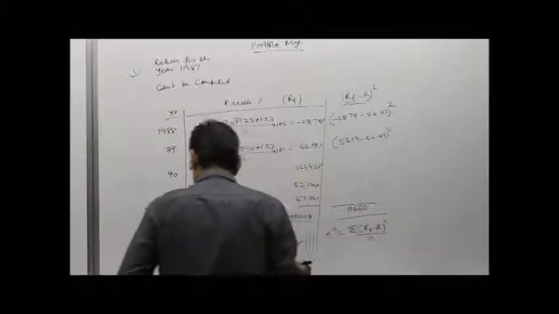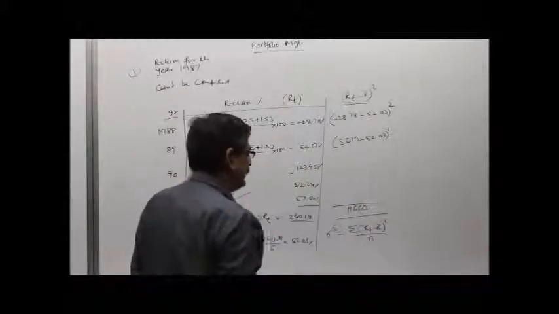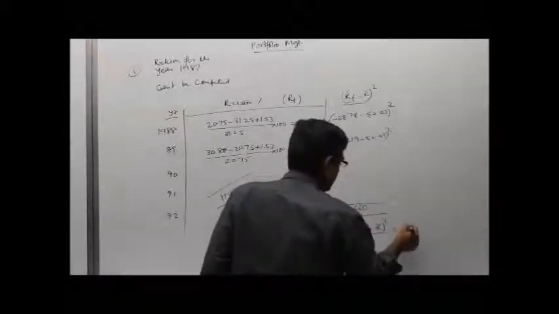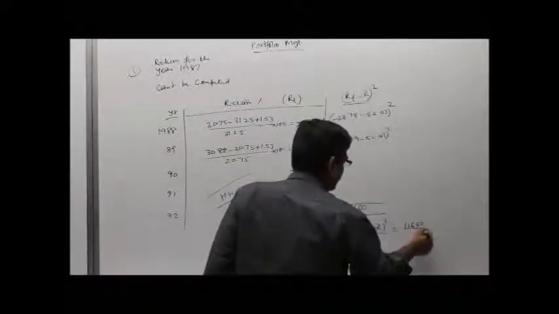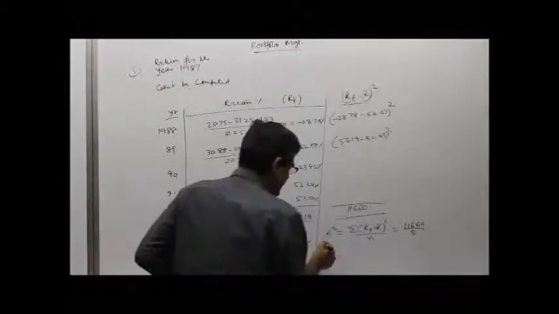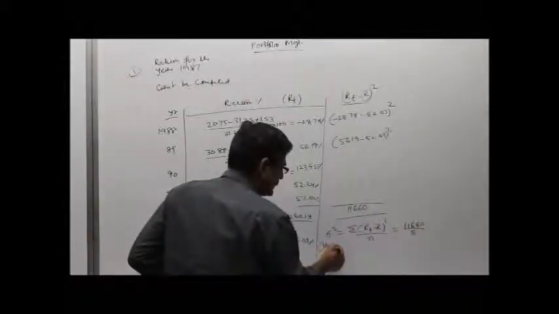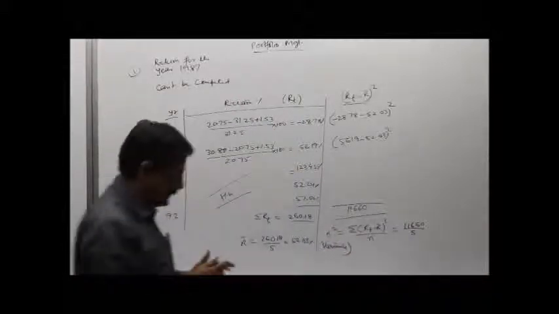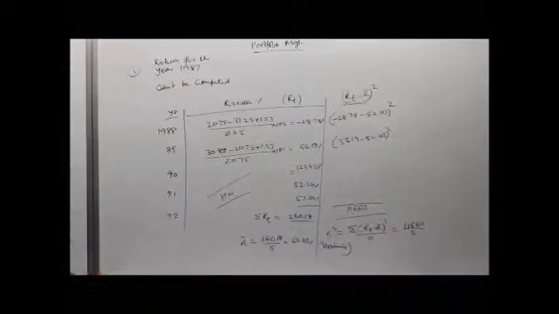Finally we get 11160 as the total. And then we compute sigma square, which will be 11160 divided by 5. You all can calculate easily.